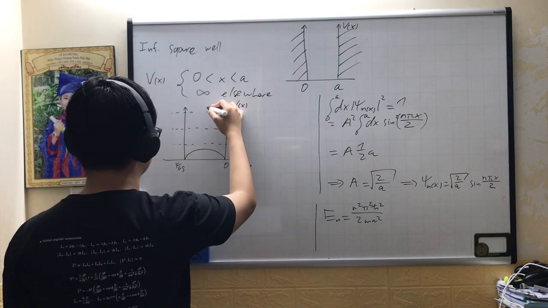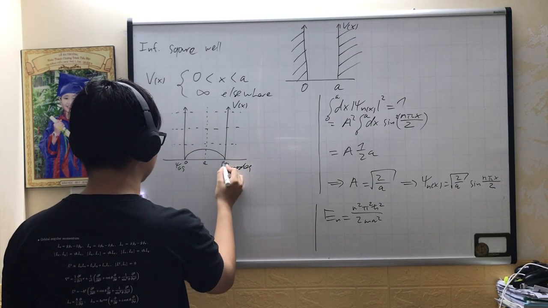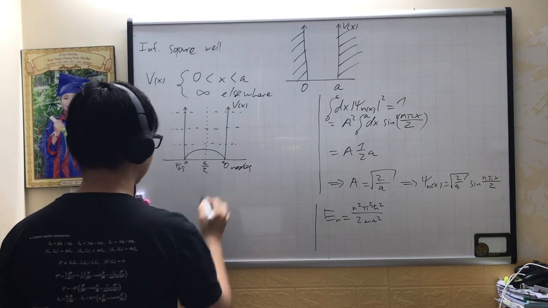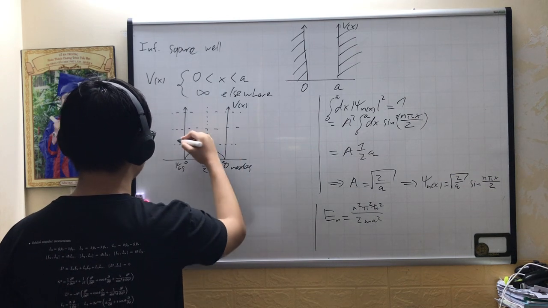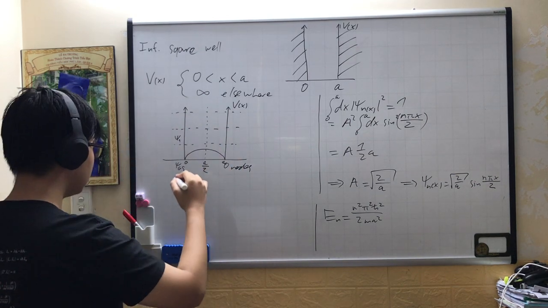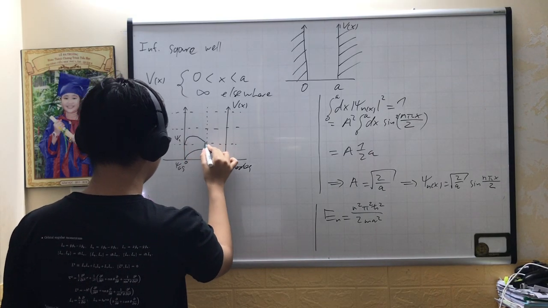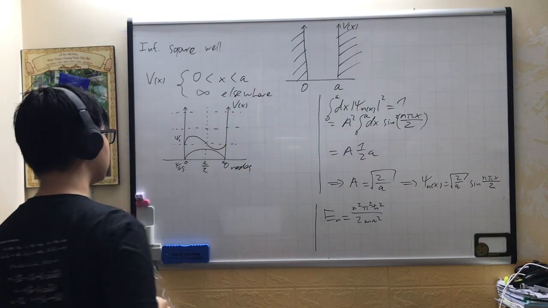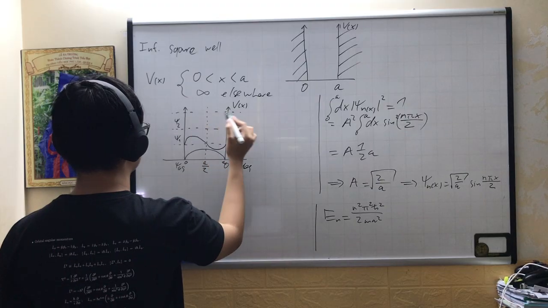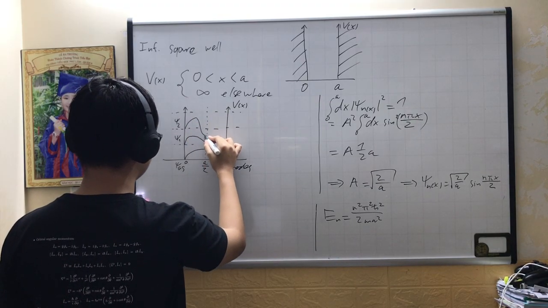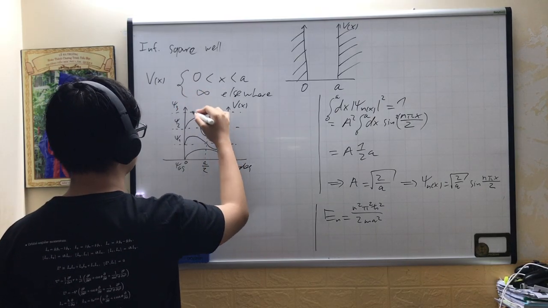Just we're considering 0 to a, so this is a over 2. Next, with your first excited state, that would be an odd state. There we go. And so on and so forth. That is an even state. That one is an odd state.